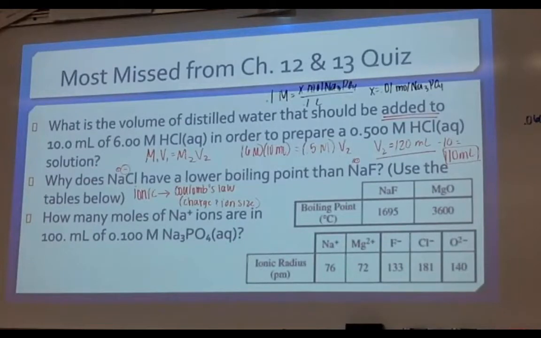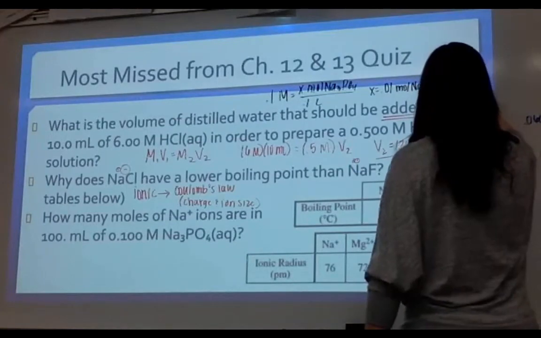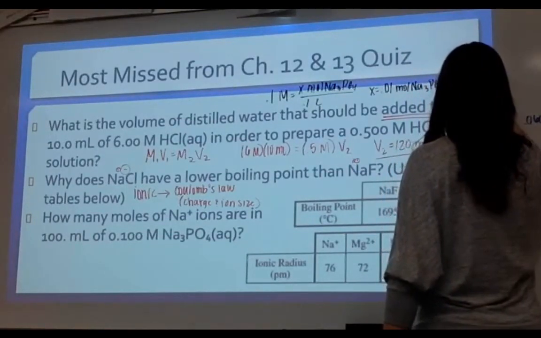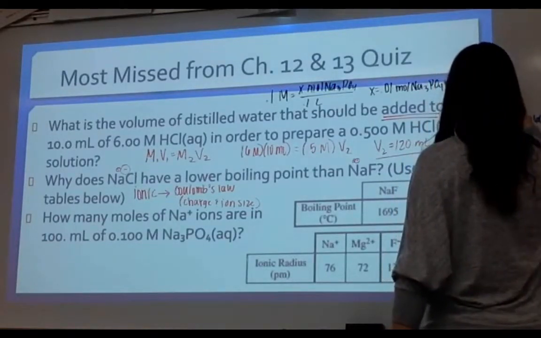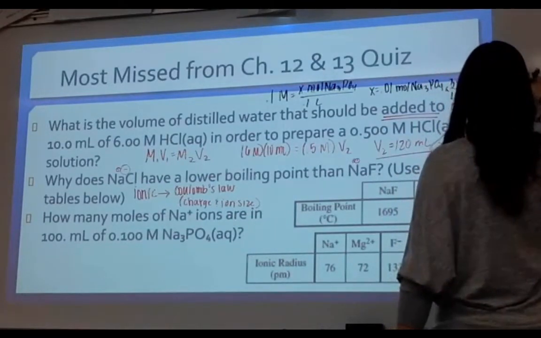Now I want Na plus. Now you can look at that ratio. For 1 mole of Na3PO4, there are 3 moles of Na plus. So our answer is 0.03 moles of Na plus.